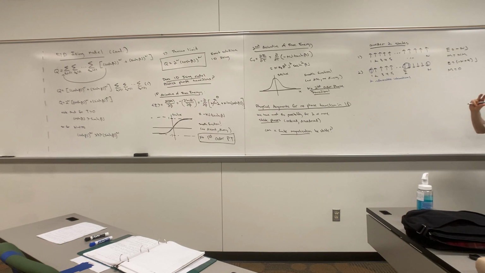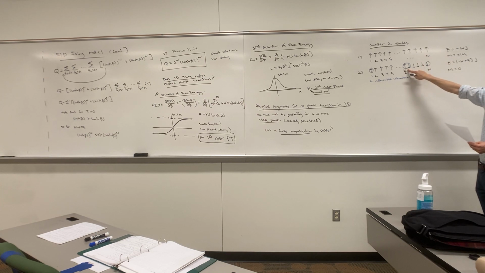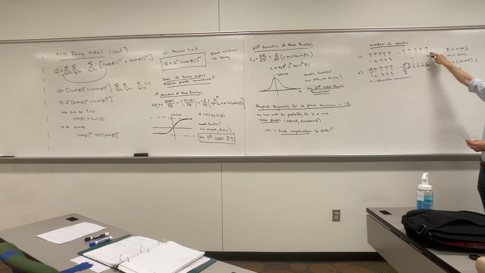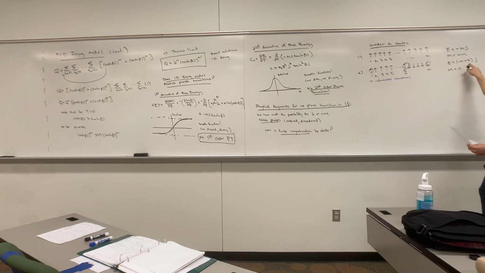So when it goes from a minus to a plus, that gives you a factor of 2. This interaction gives you 2J on top of this, and this interaction gives you 2J on top of this, and so that's why you have a 4. Does that make sense?